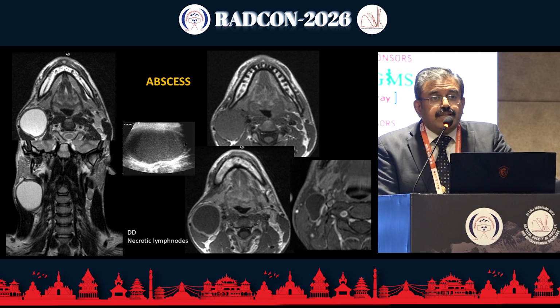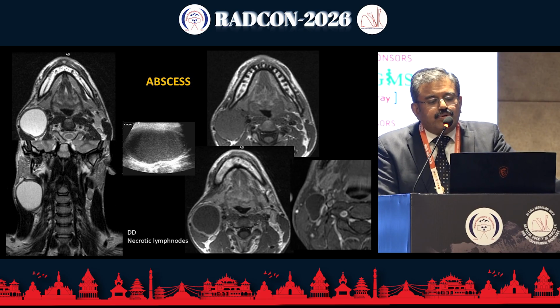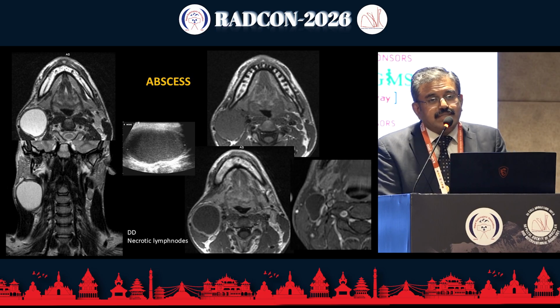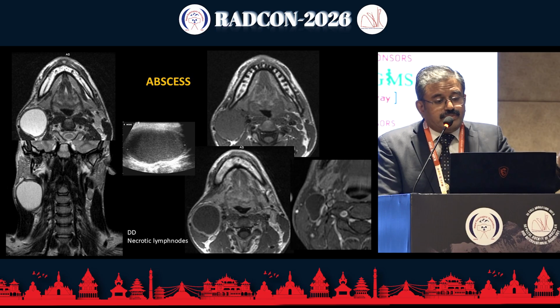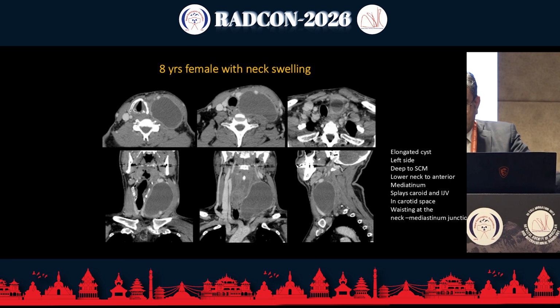Thymic cysts occur in the neck because embryologically the thymus descends from the neck to the mediastinum. So again on the left side, these two lesions, the fourth branchial cleft cyst and the thymic cyst, are usually on the left side, whereas fibromatosis of the sternocleidomastoid occurs more on the right side. So this is the case of thymic cyst.